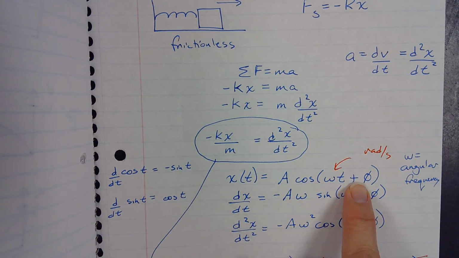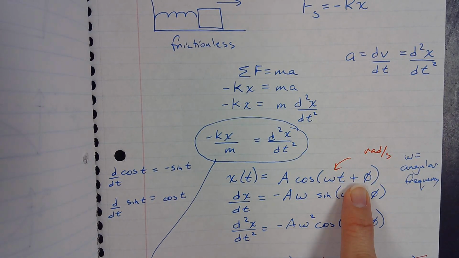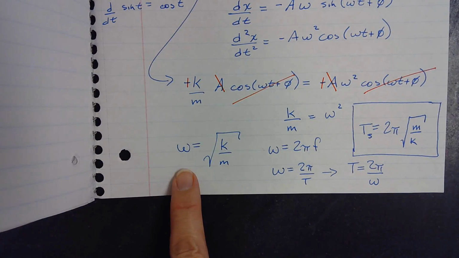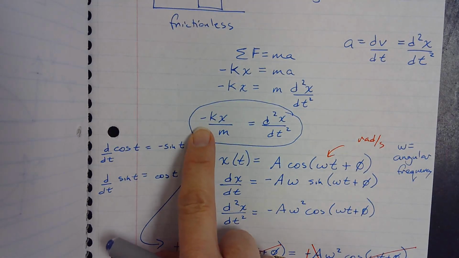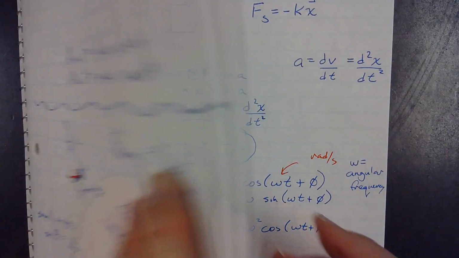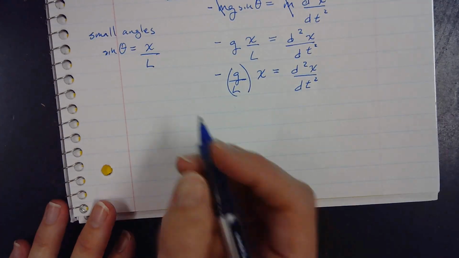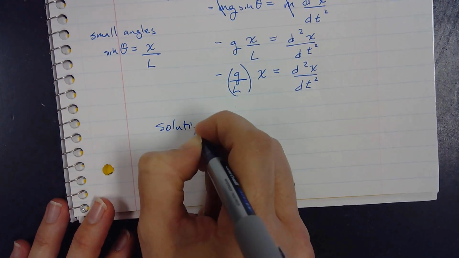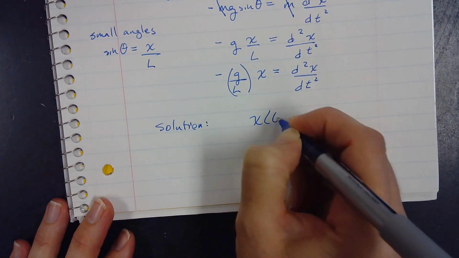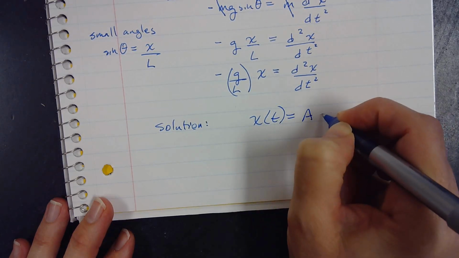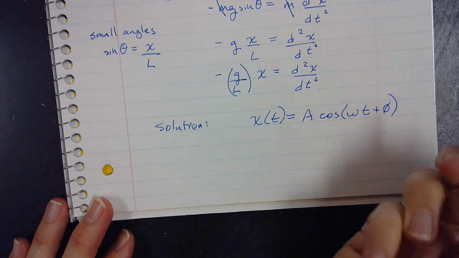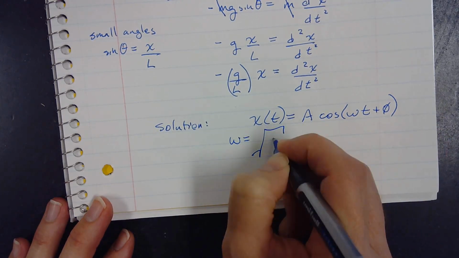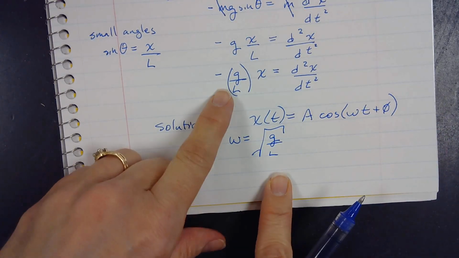And we said this is our function that solves it if omega is equal to the square root of k over m. Omega is the square root of the constant. So for this, the solution would be the same thing. x of t equals A cosine of omega t plus phi, but now omega is the square root of g over L, the square root of the constant.